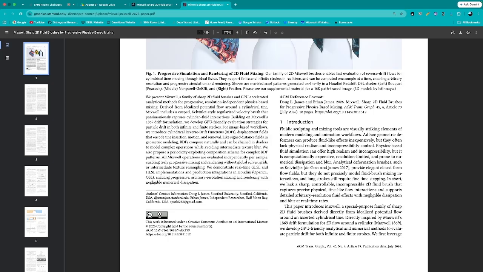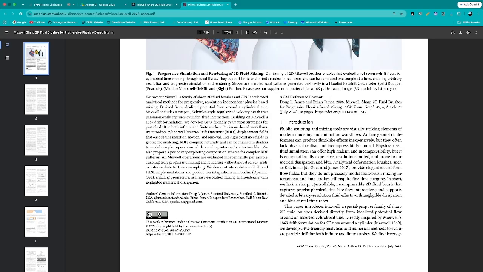Kelvin-Lutz, which are these analytical deformation brushes, or it's a class of analytical deformation brush. They provide elegant closed-form flow fields, but do not precisely model fluid brush mixing interactions, and long strokes still require fine time stepping.